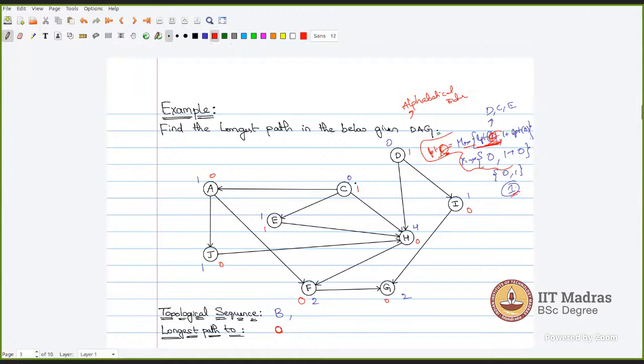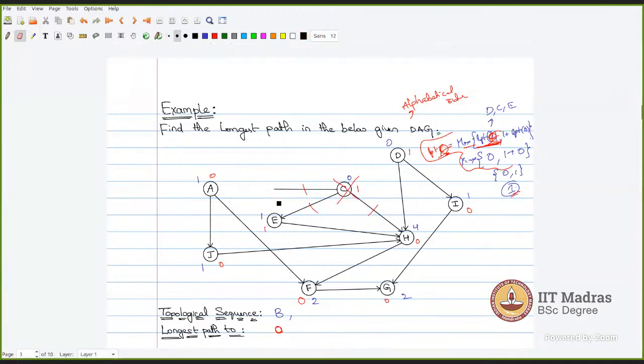Now let's come back. Now next we have to remove vertex C. I said alphabetical order. So we have C and D to be removed, but in alphabetical order, C comes first. So we remove C as well as the edges which are incident to C. So we remove this as well as this.